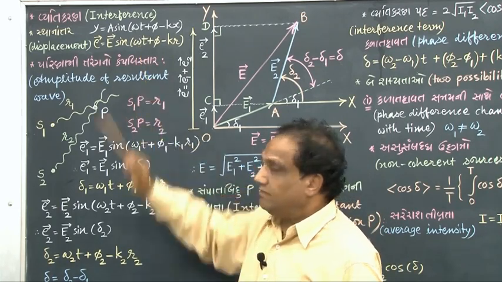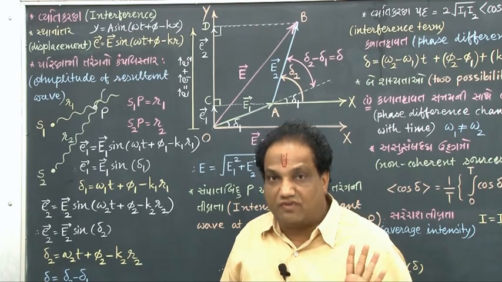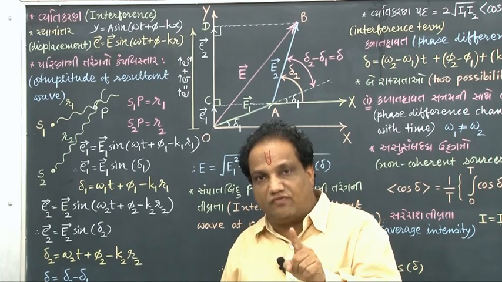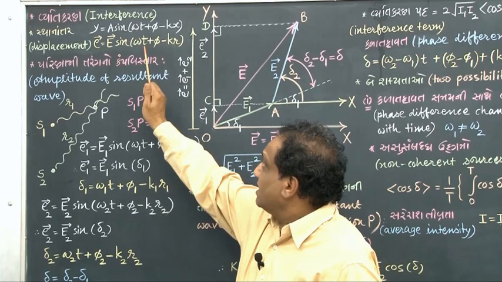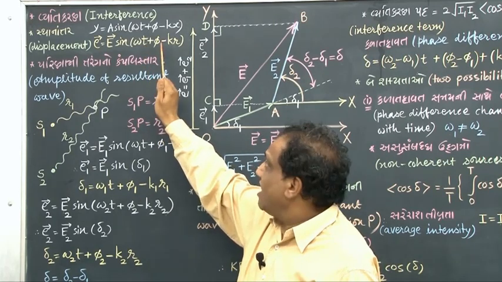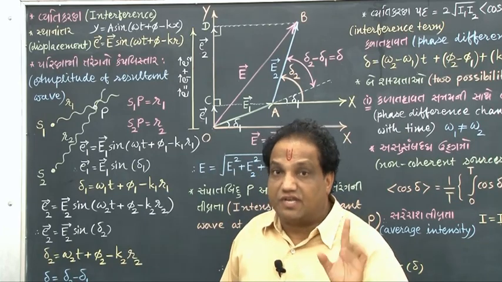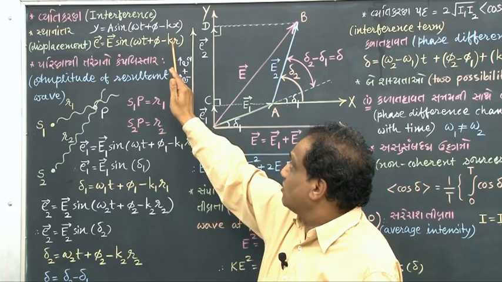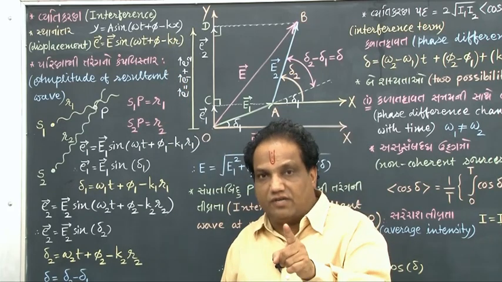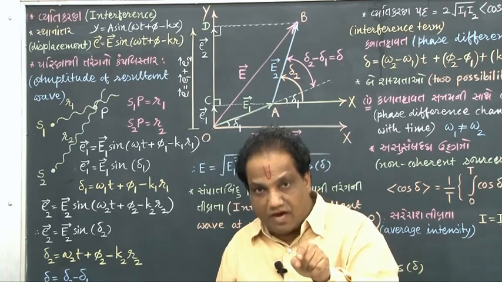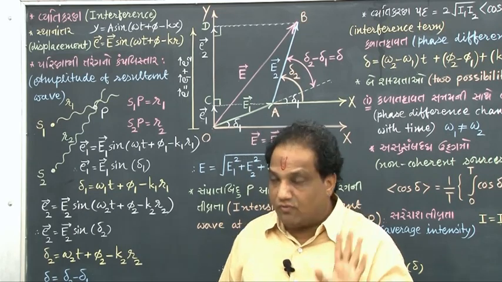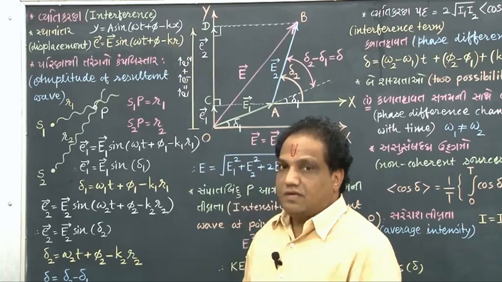What is omega? It is angular frequency of given wave. Here we are going to consider light wave, so it is angular frequency of light wave. t is the given time. Phi is initial phase of electric intensity vector. What about small k? It is wave vector. k equals 2 pi upon lambda, where lambda is the wavelength. And what about r?